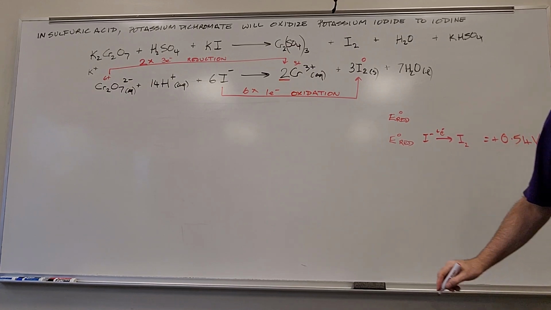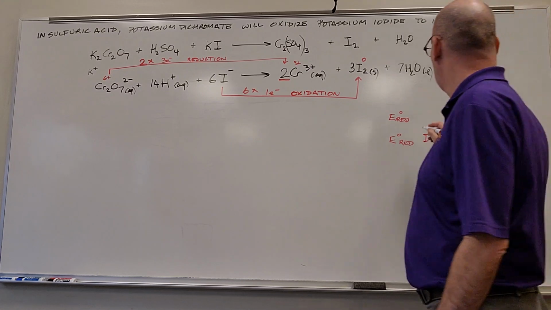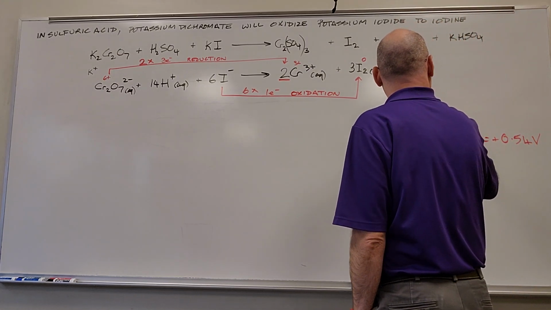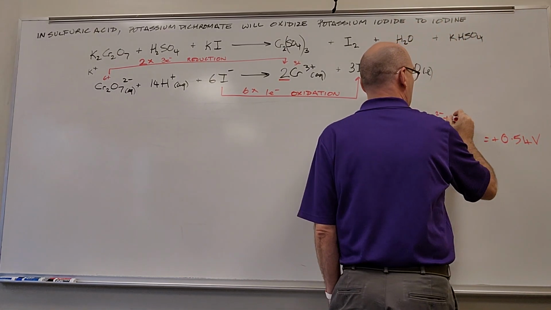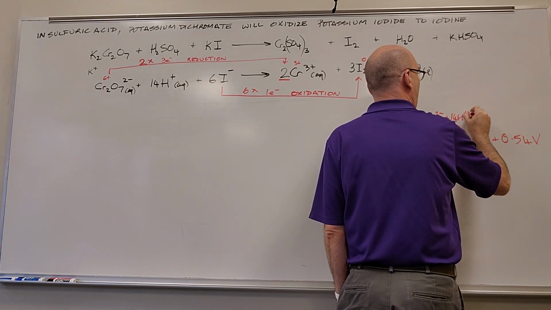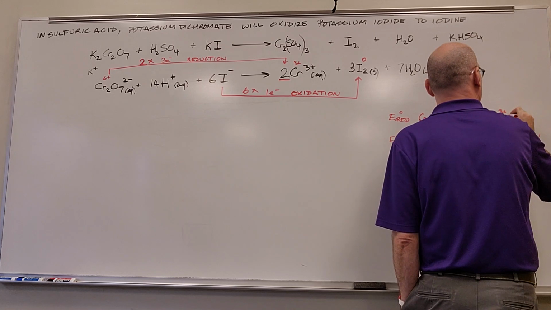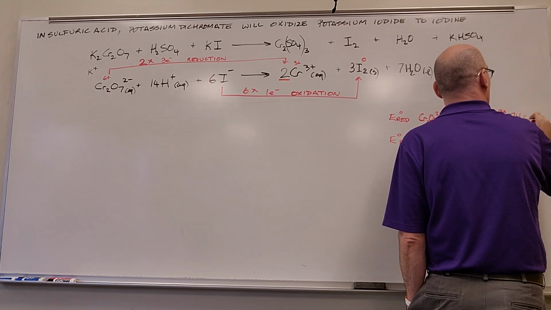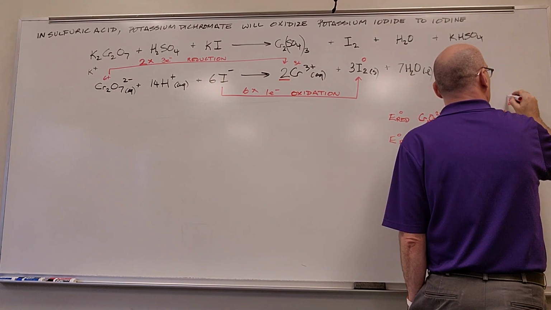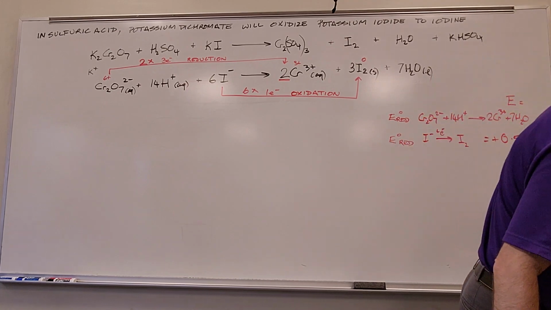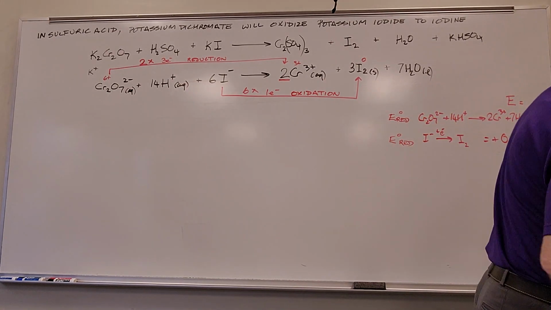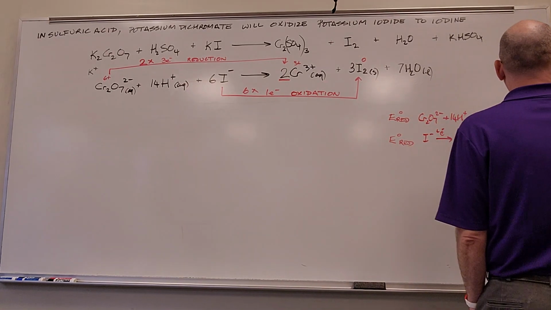And the reduction potential for the dichromate is equal to plus 1.33.